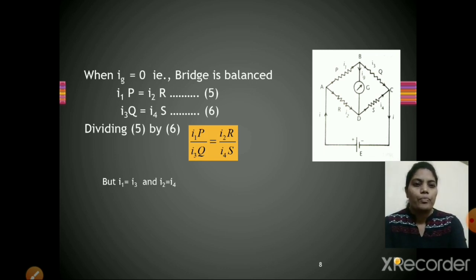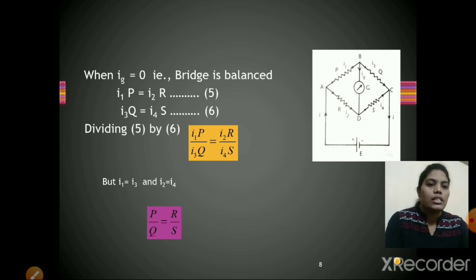Now as we have the third and fourth equations, I1 equals I3 and I2 equals I4, in the place of I3 we can substitute I1, and in the place of I4 we can substitute I2. Now substituting, we can cancel both I1s in the numerator and denominator on the left hand side and both I2s on the right hand side.